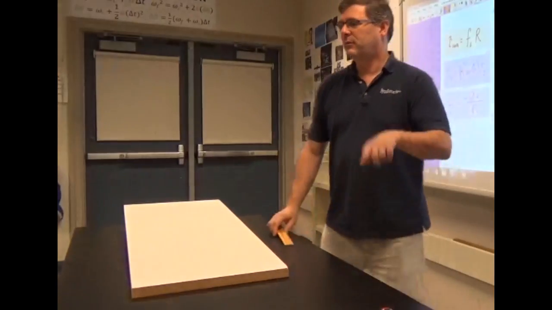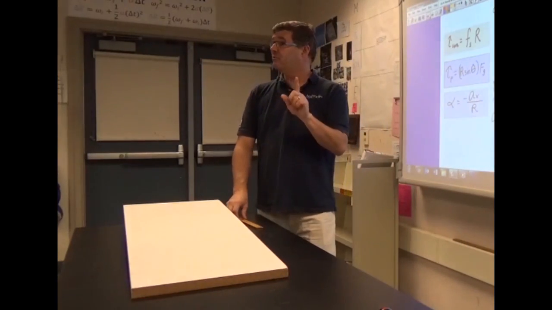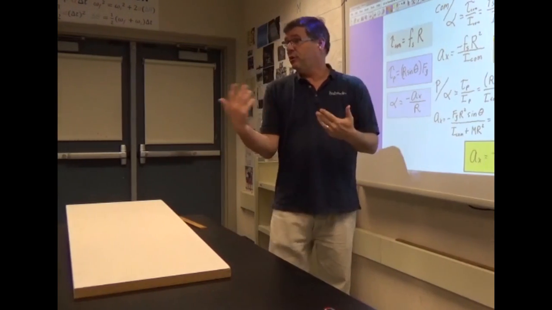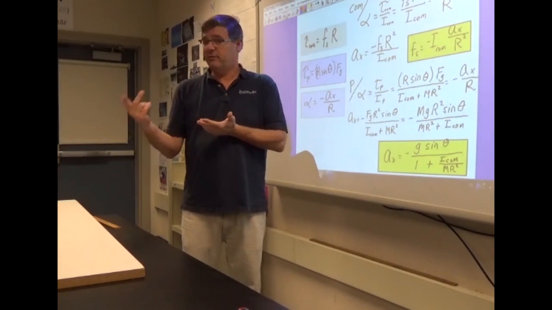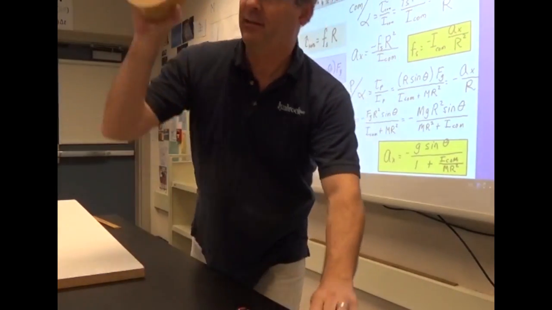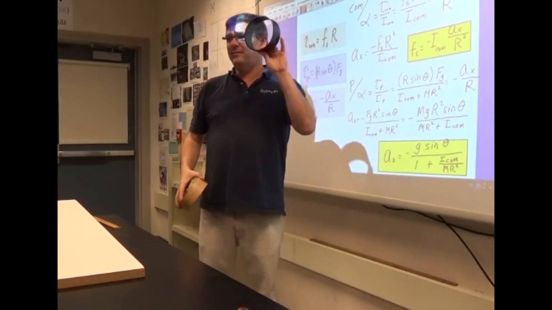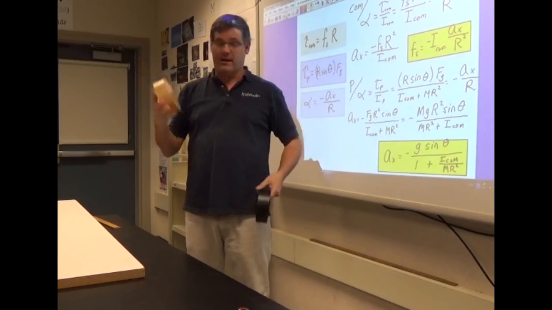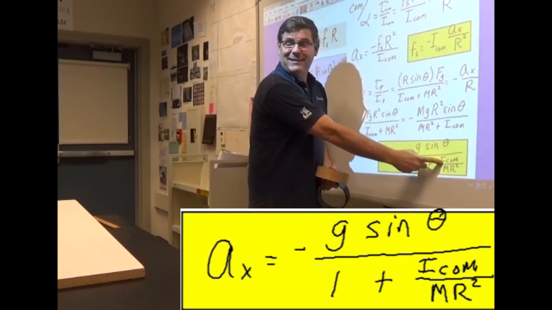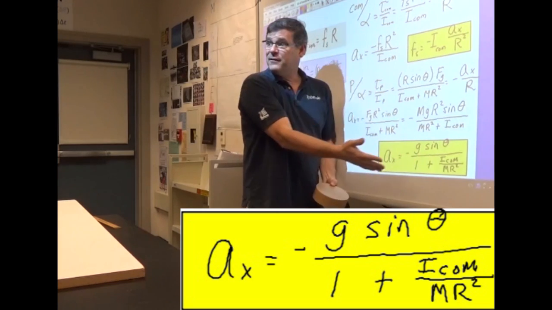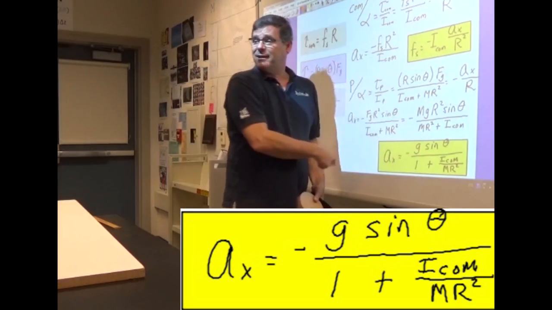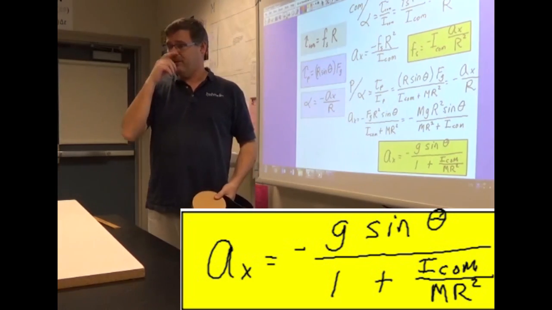Right. So the disk had a smaller moment of inertia and it got to the bottom of the ramp first. And when you look in table 10-2, you'll see that this is 1/2 m r squared, this is m r squared. So it's got twice the inertia that the disk has. And because I_COM is in the denominator, if it's a bigger number, it'll have less acceleration. And that's what we saw there, okay?